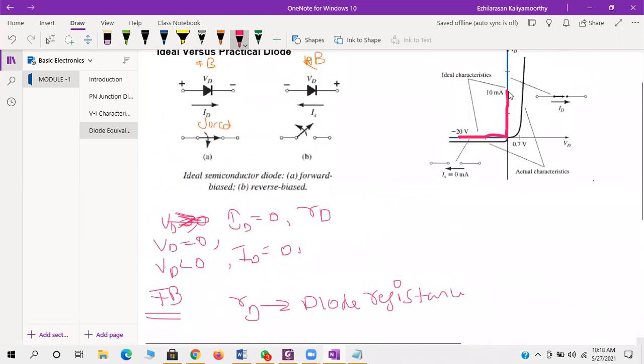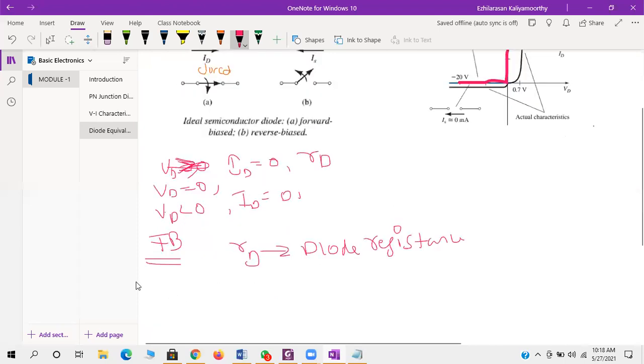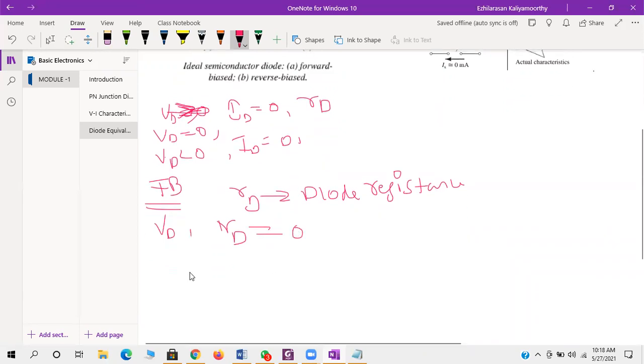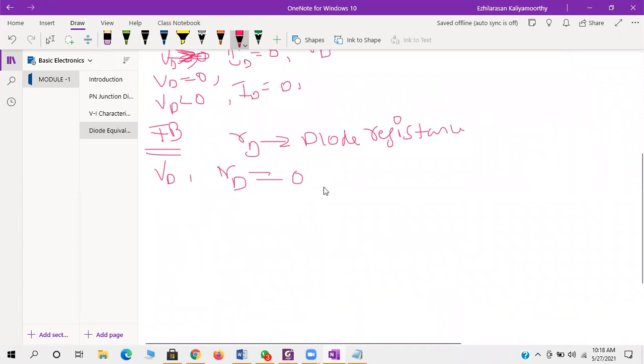The current is very small, so current will be equal to 0. Even though we are applying VD, what about ID? RD is 0. I'm stating the condition for forward bias. For forward bias, RD is equal to 0.